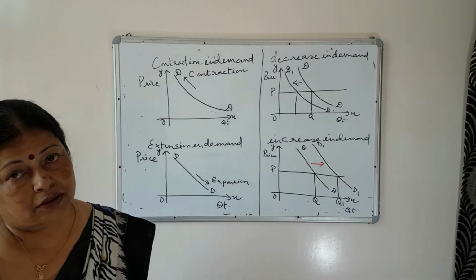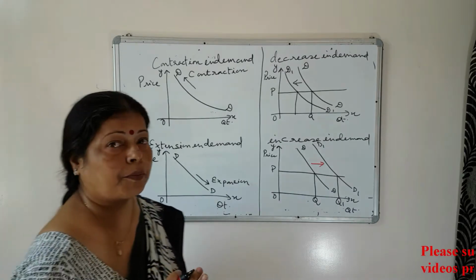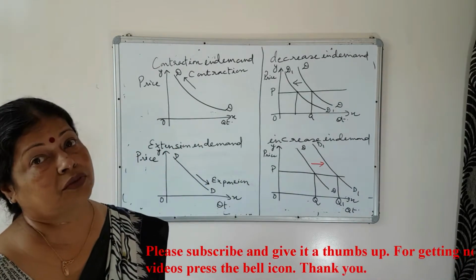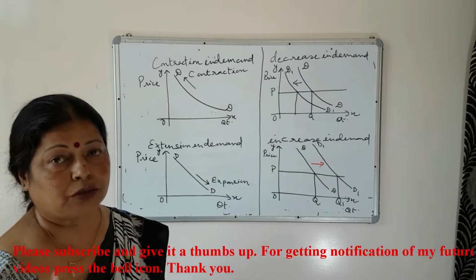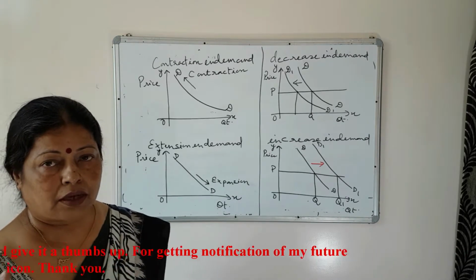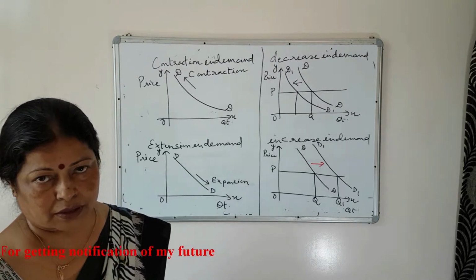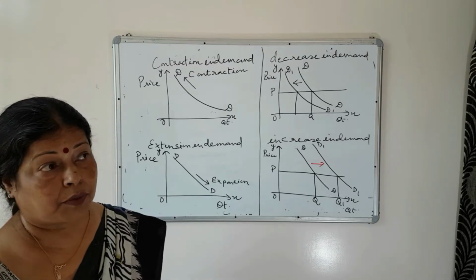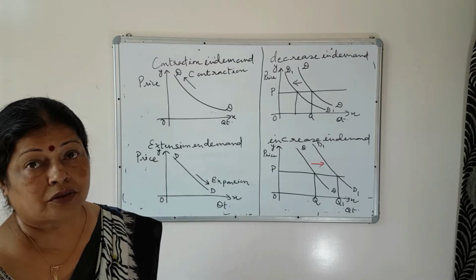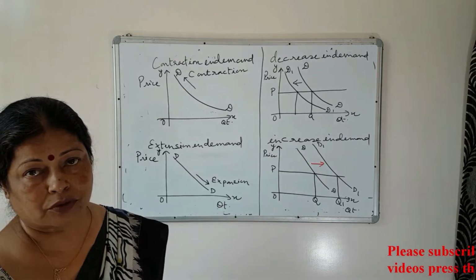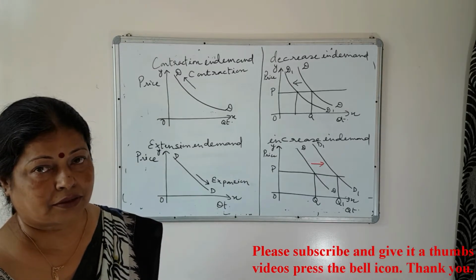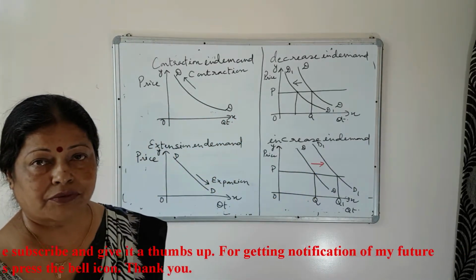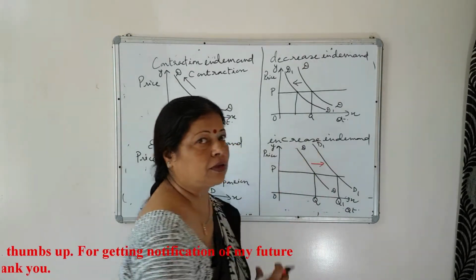Other factors means either population is increasing, or taste and preferences of the consumer is favorable to the good. Means if a new product is launched in the market, then people are liking it. Sometimes people are liking it because of the innovative approach of the producer. It's different. So due to change in taste, favorable change in taste and preference, the demand curve can shift to the right.